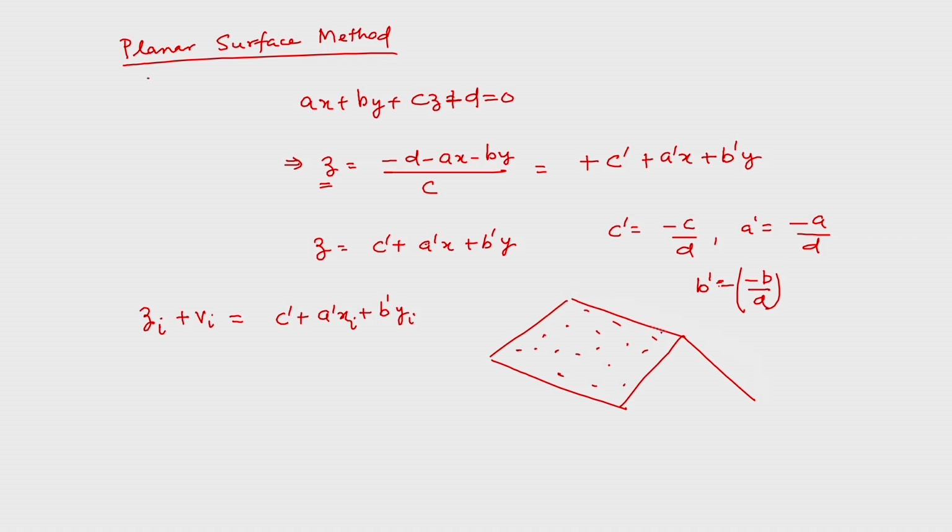When I fit a plane through these points, I will get the values of a dash, b dash and c dash. Similarly, if I have some data over there and if I fit a plane, that is plane 2, I will have the fitted plane like this. This is a fitted plane and this is a fitted plane here.